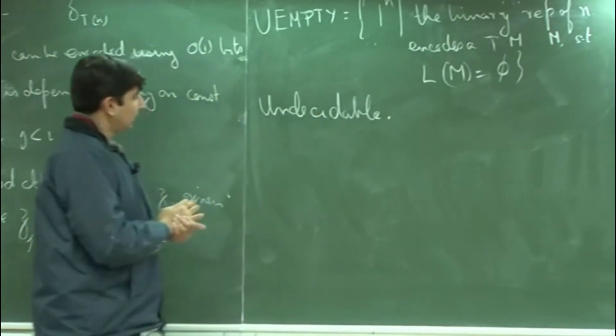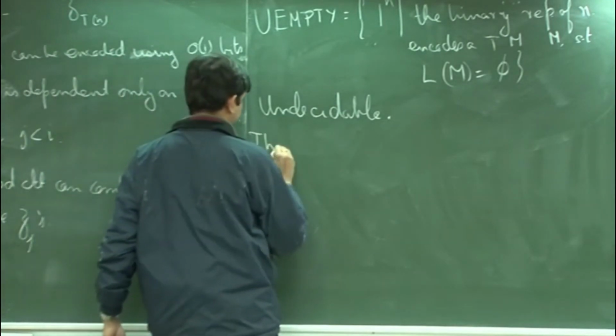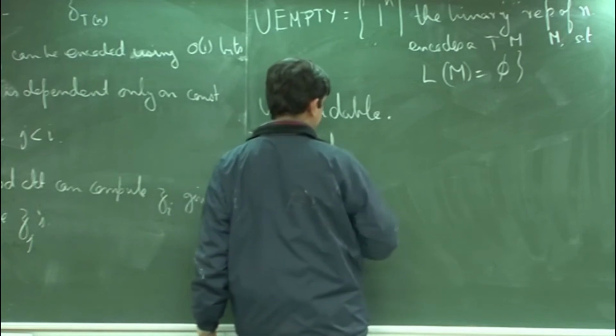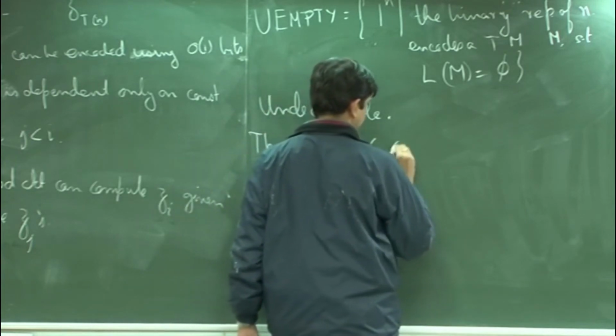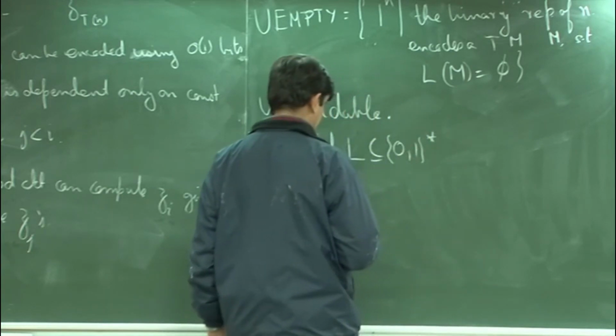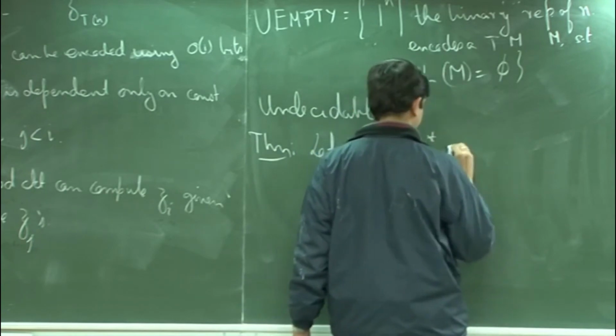But what can be shown is the following: suppose you have any language L, maybe over binary symbols, but L is a unary language.